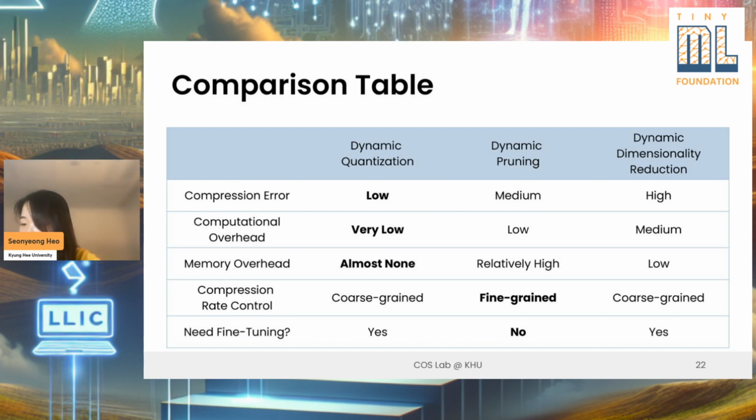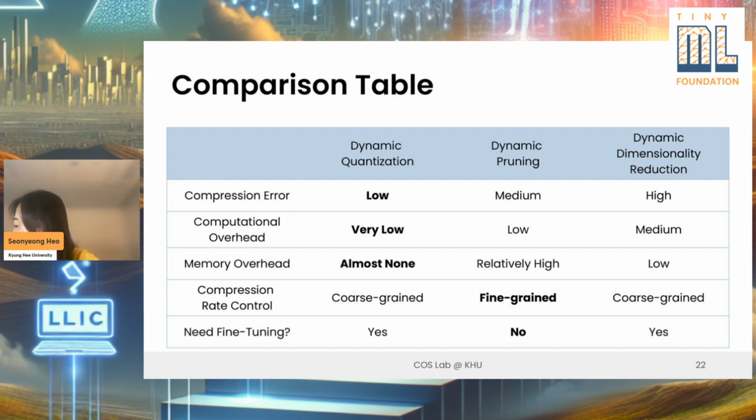And then regarding the computational overhead, the dynamic quantization incurs very low overhead because it only has to find the nearest value among the possible values.